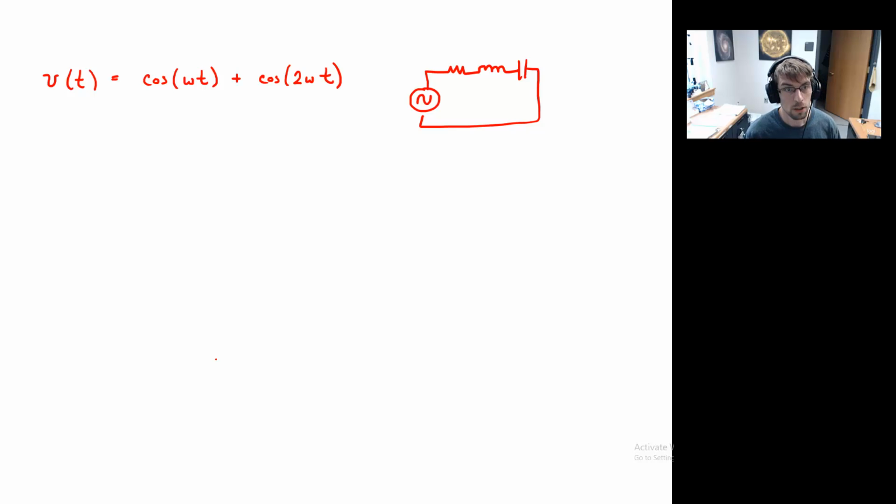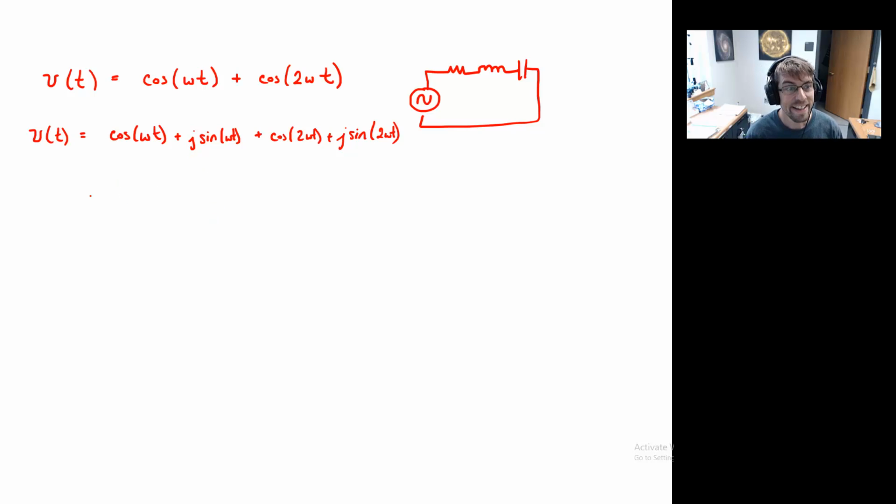So, well, what we would do, let's go ahead, we'll add in the imaginary component to our expression. So what I mean by that is we'll add in a cosine of omega t plus a j sine of omega t. Okay? And we'll do the same thing for the second term, the cosine of 2 omega t plus j sine of 2 omega t.